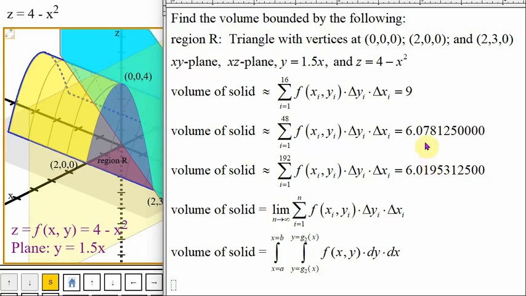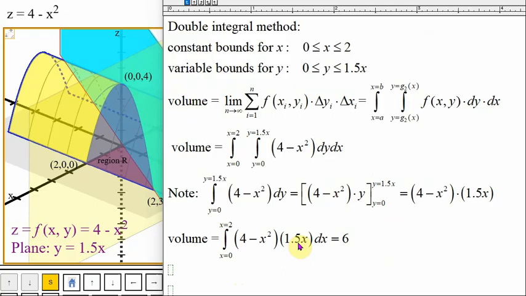So we can see that they're very, very close to the exact answer of 6. And so in summary, the volume of this solid right here is 6. And that's the end of the video.